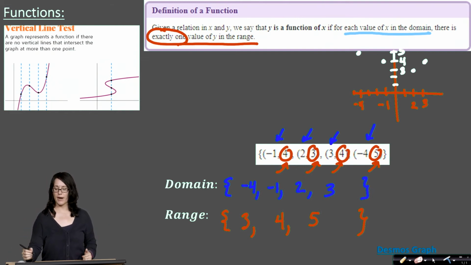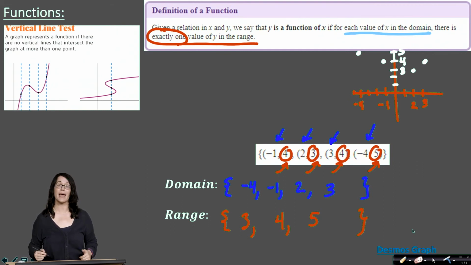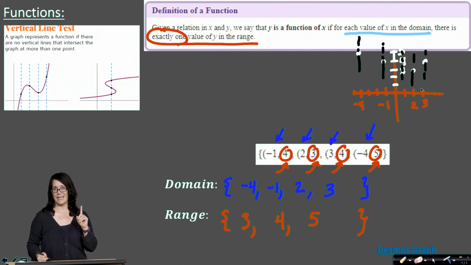Now, if you're looking at the graph, do you notice that if you were to draw a vertical line through any one of the points on your graph, so for example, a vertical line through that location, or through that location, or through this input, or this input, or this input, you would only hit the point on that graph one time.